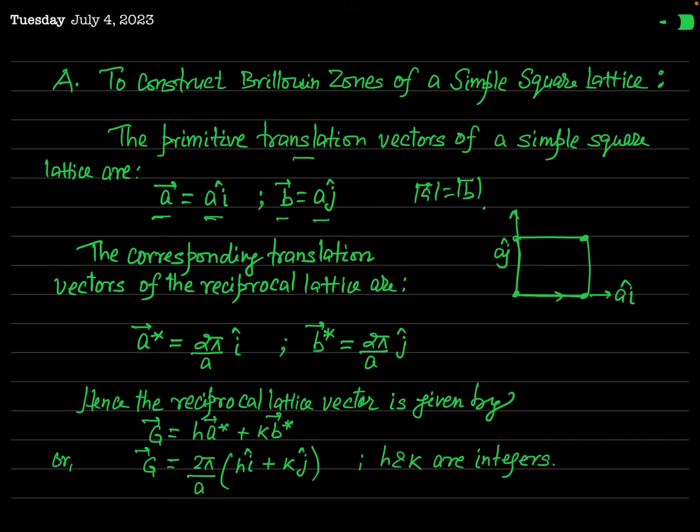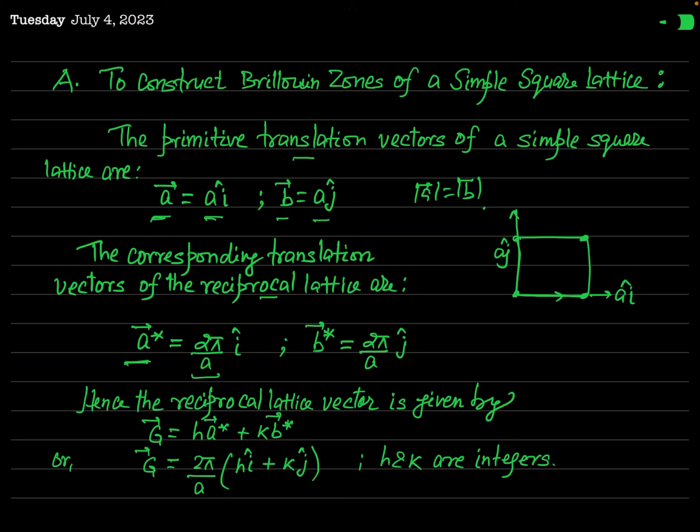Now, according to the definition of the reciprocal lattice, what will the corresponding translation vectors for the reciprocal lattice be? If a star is the reciprocal lattice translation vector corresponding to the direct lattice translation vector a, then according to the definition, a star will be equal to 2 pi over a times i.